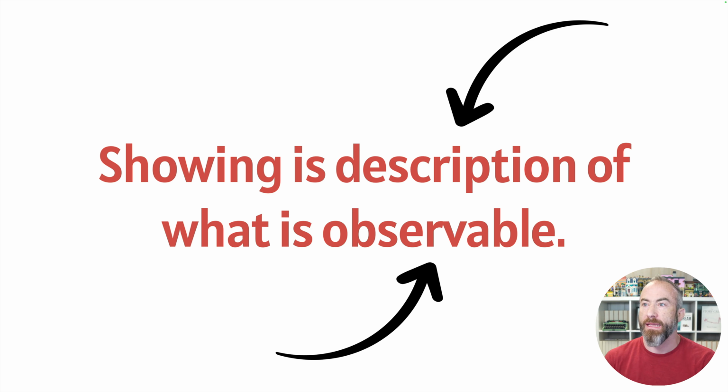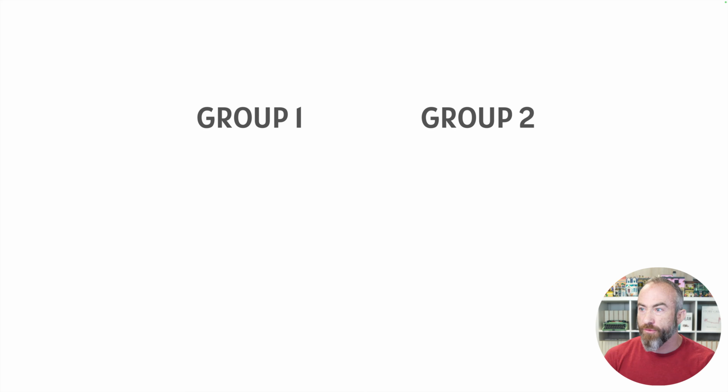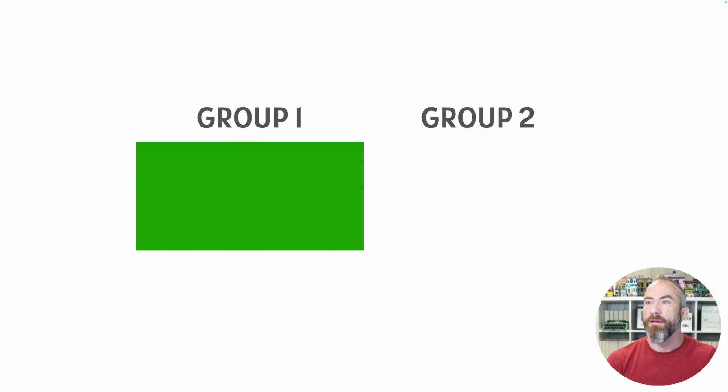We're going to look at how we perceive things, how you and I actually perceive the world around us, and we're going to split it into two groups. And I came up with really fancy names for these groups, Group 1 and Group 2. Group 1, we're going to call this green. And green is our senses. Our hearing, seeing, smelling, tasting, and touching.